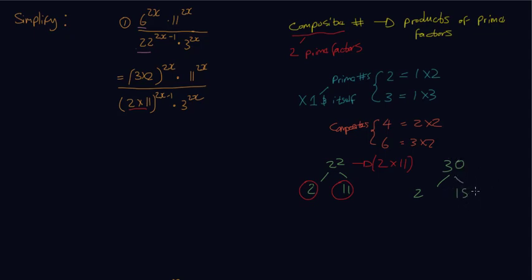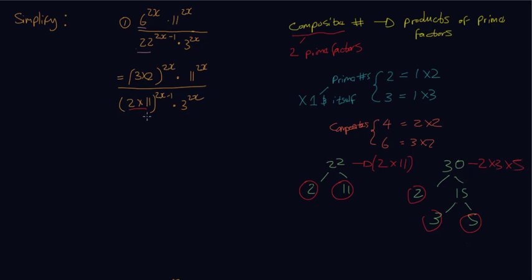Then 15 is not divisible by 2, but it is divisible by 3. 15 divided by 3 leaves 5. 3 times 5 is 15. But 5 as well can only be divided by 5. So 2, 3 and 5 are the prime factors of 30. So we can say 2 times 3 times 5 to get to 30.